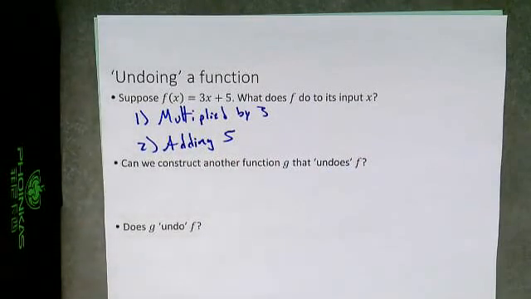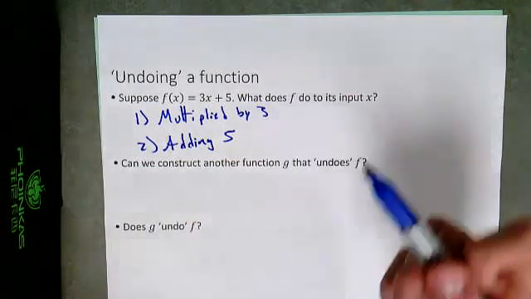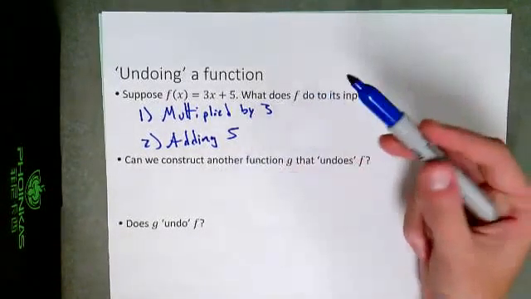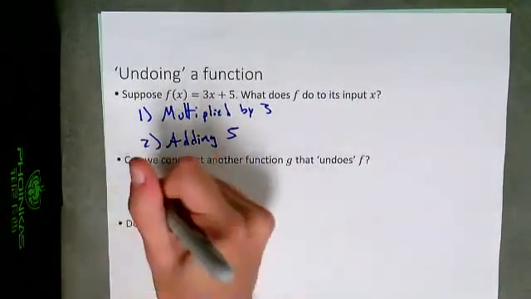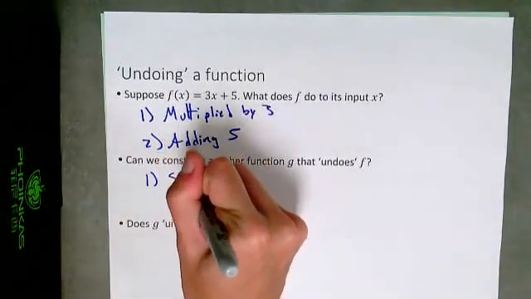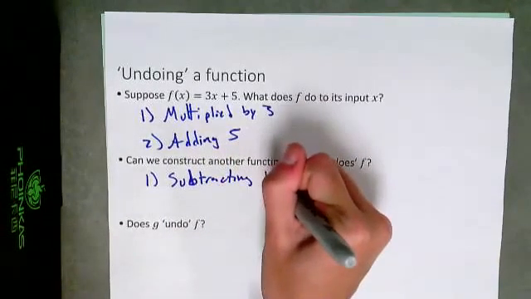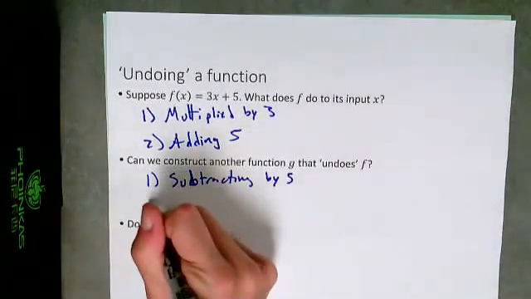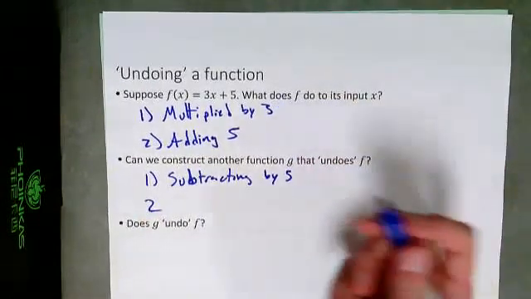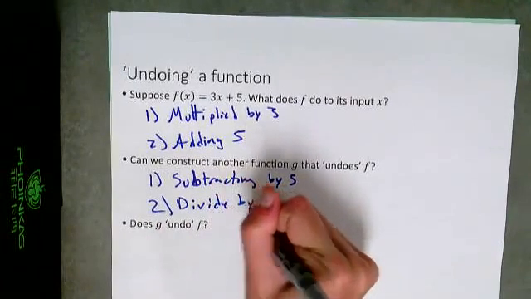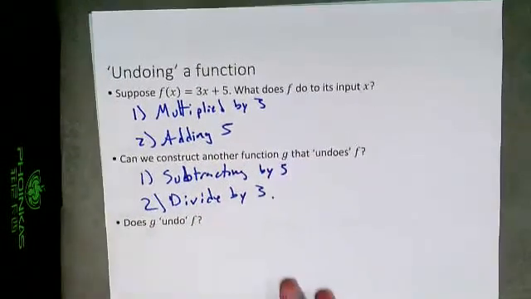Can we construct another function g that undoes f? We undo these steps in the reverse order. If you're adding 5, instead we have to undo that by subtracting 5. And then instead of multiplying by 3, we're going to divide by 3.